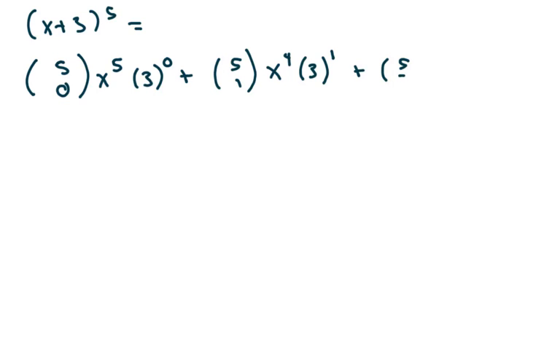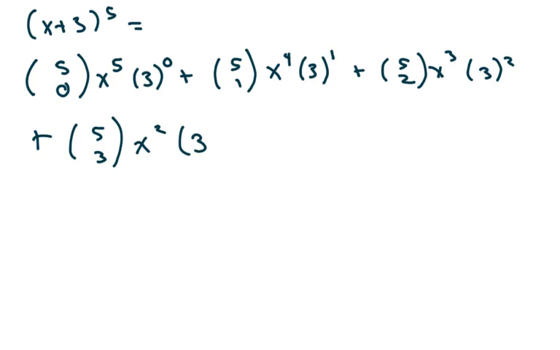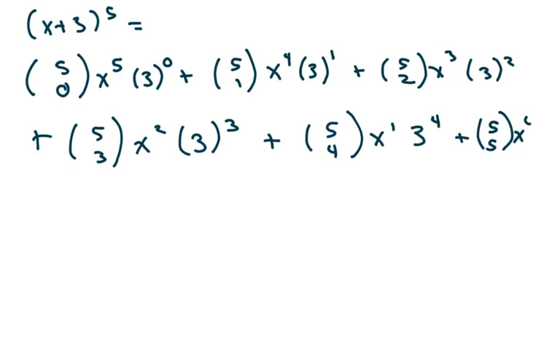Plus 2 x cubed 3 squared, plus 3 x squared 3 cubed, plus 4 x to the first 3 to the fourth, plus 5 x to the 0, 3 to the fifth.